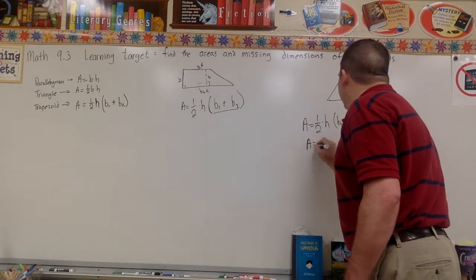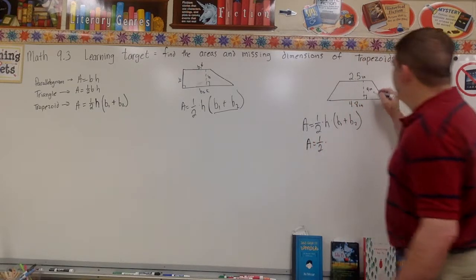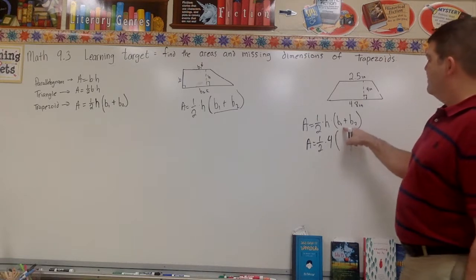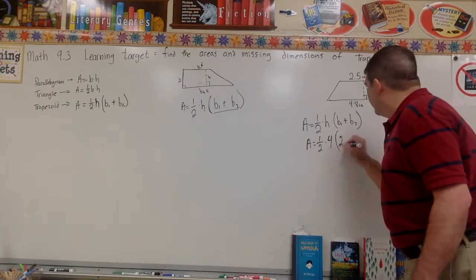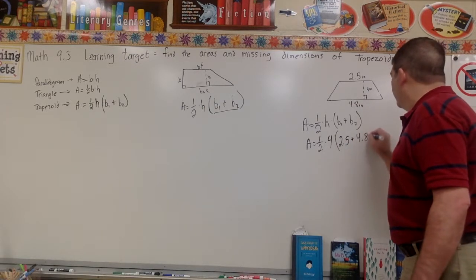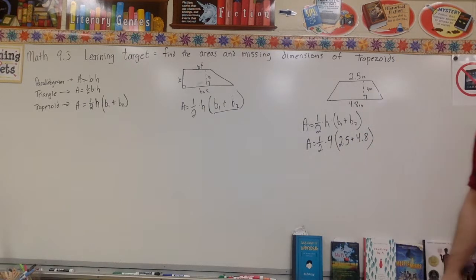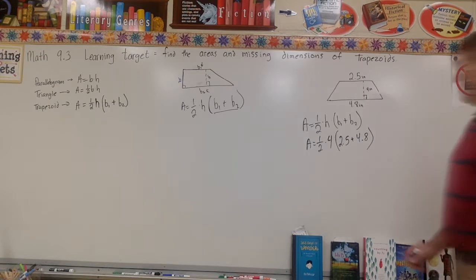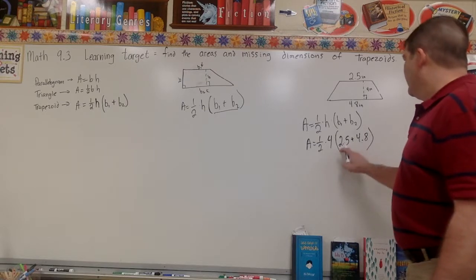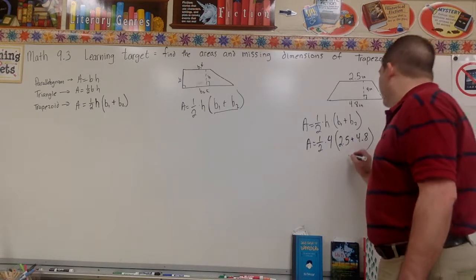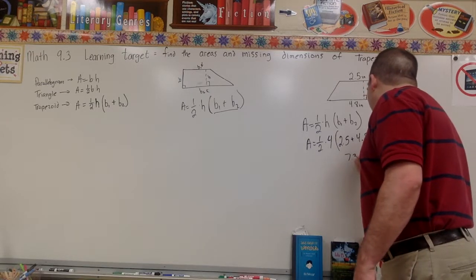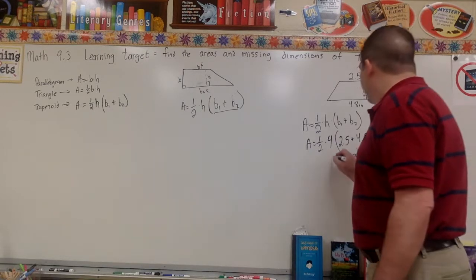So area equals 1/2 times my height, 4 inches, and then parentheses, base 1, let's do 2.5 plus 4.8. I'm going to do the parentheses first. 2.5 plus 4.8 is 7.3.